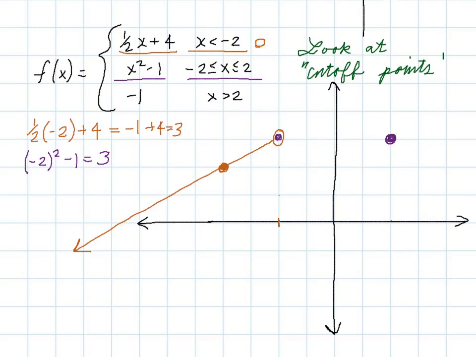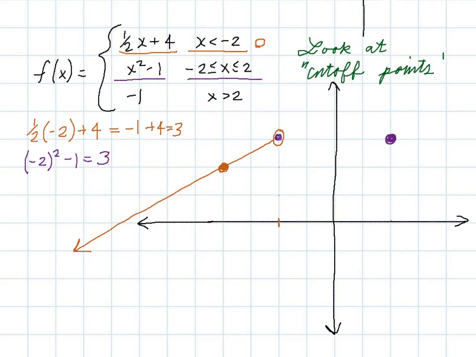So next I need to fill in between these. If you know that this is a quadratic function shifted down 1, you can just sketch it, or you can plug in points between -2 and 2.